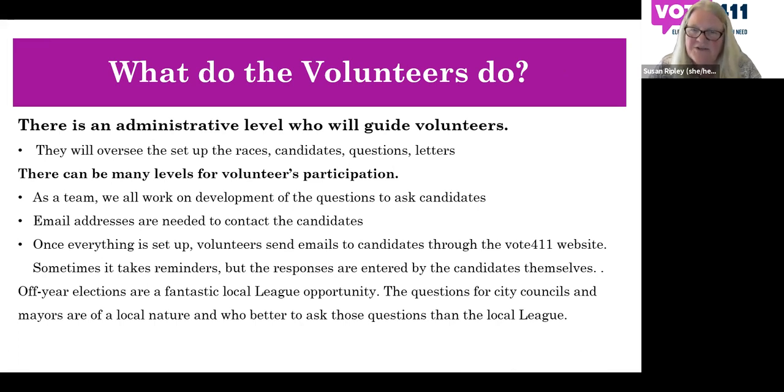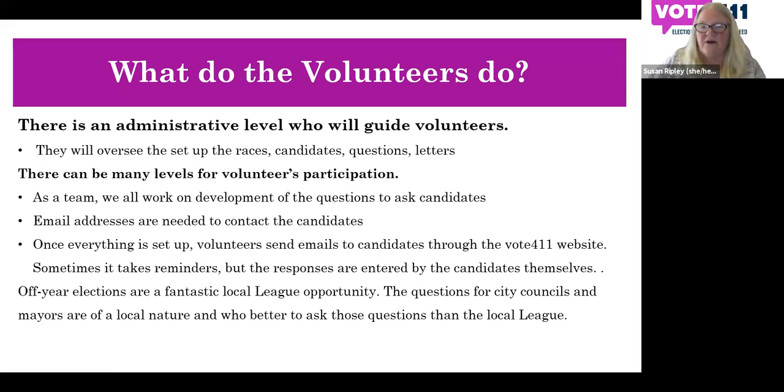There is much to understand about it, but once you get it figured out, it's not difficult. And the team that we're calling the administrative team of volunteers, they'll help with everything. They'll get races set up and help with getting candidate questions and just help the guidance of the whole thing.